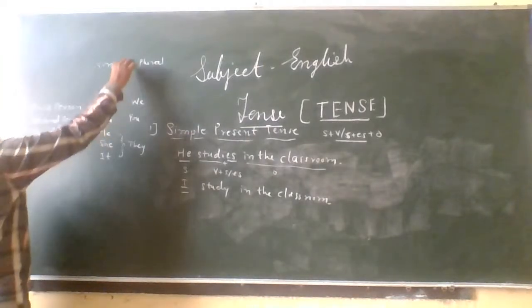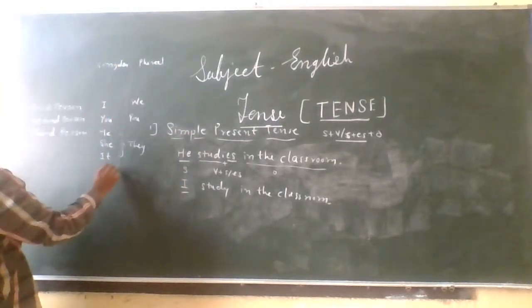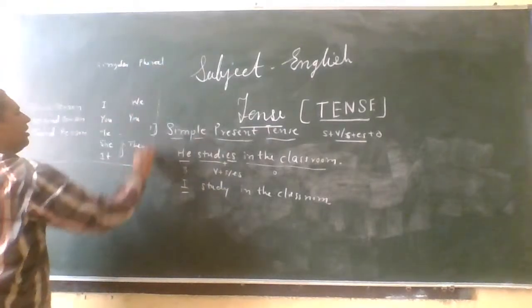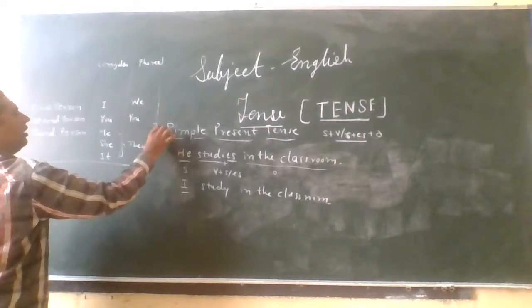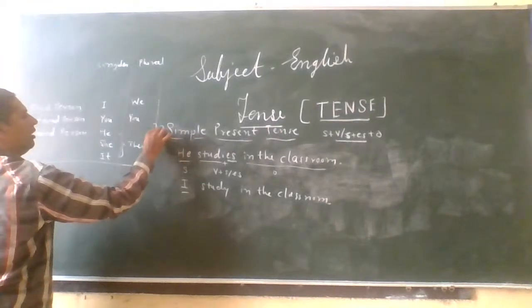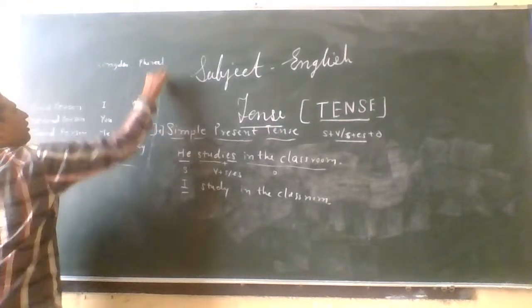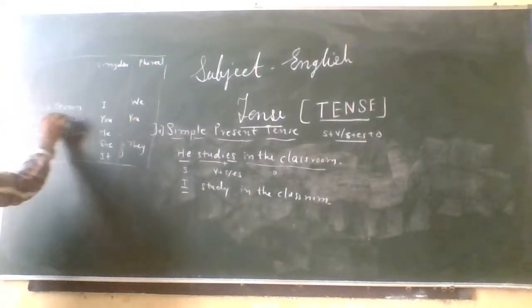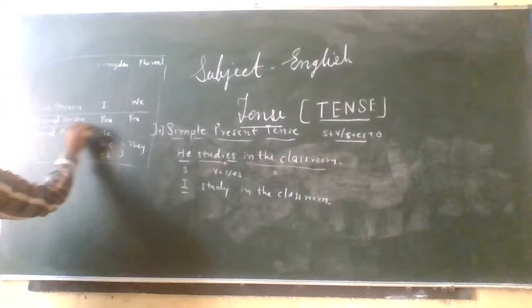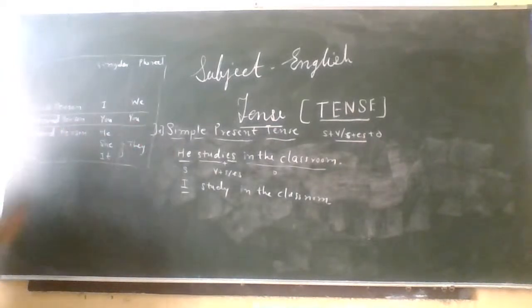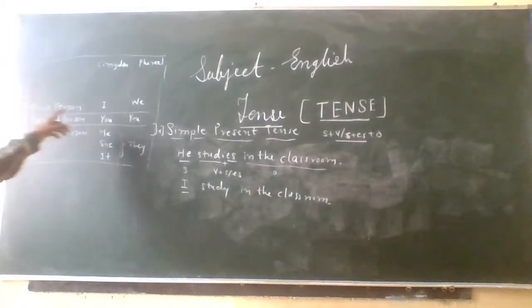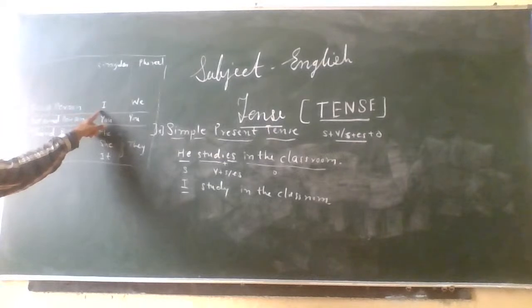In this way, the sequence is there. If you understand the sequence properly, you can understand all of this. First of all, you should understand this table. First person is only for a single person.